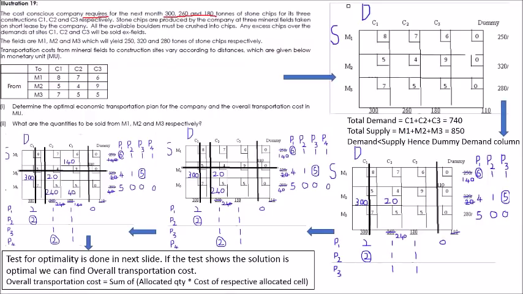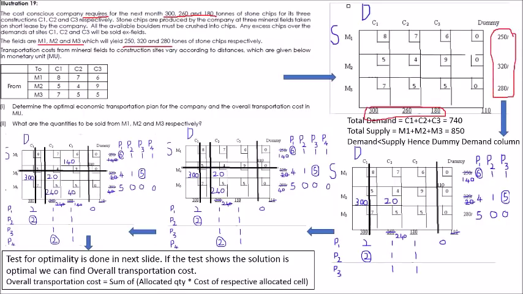Okay, out of the three mineral fields, the fields are M1, M2, M3 and they yield this much. So this is the supply. I am taking the supply as a column and supply is mentioned here.